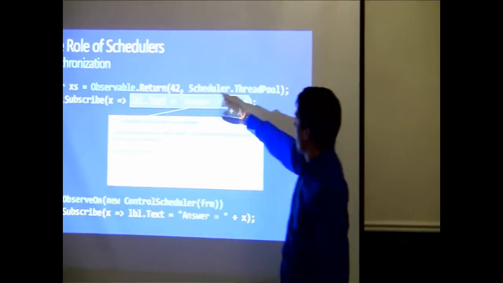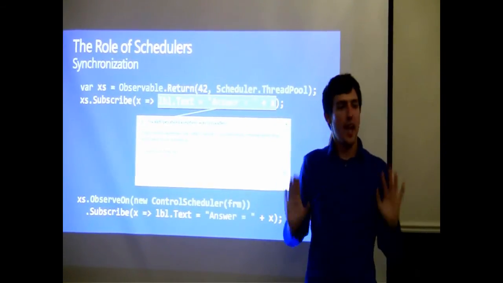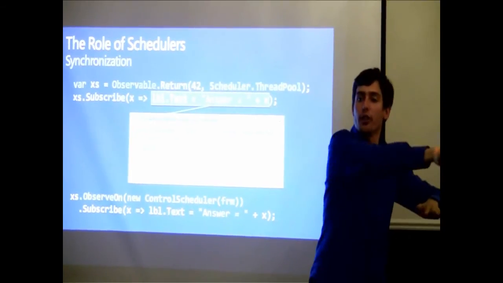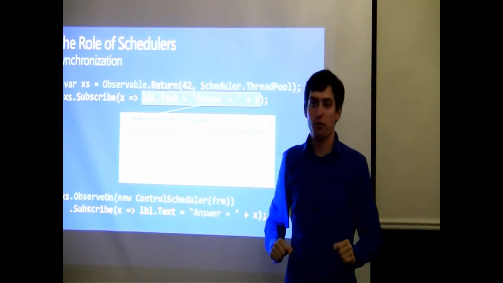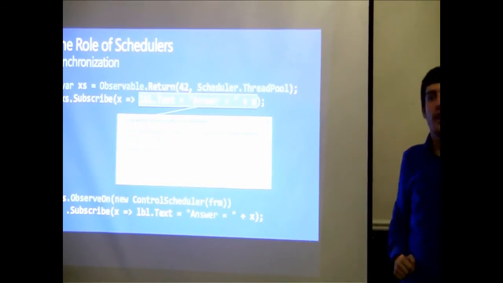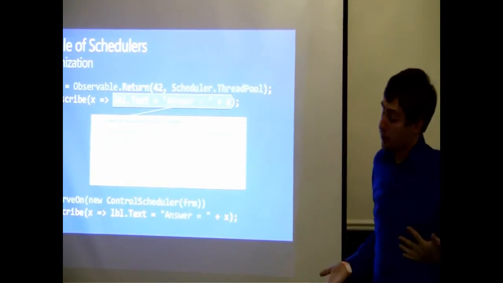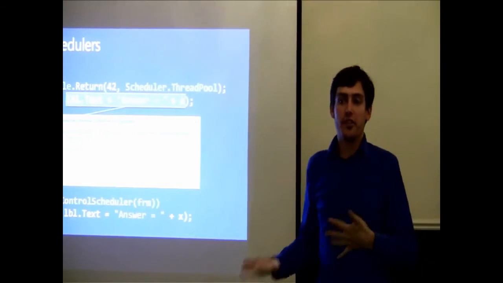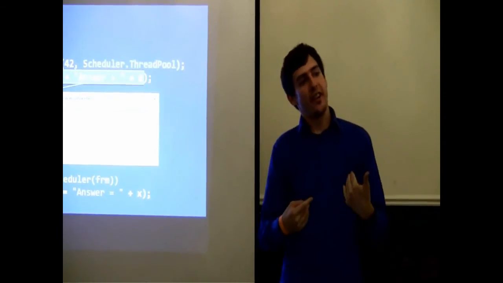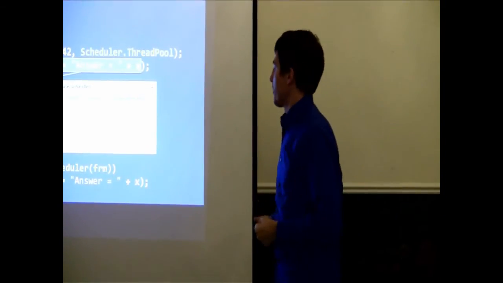So ObserveOn control scheduler form means those messages still happen on the thread pool, but when I receive them, I will call my downstream observers on the Windows Forms thread. I'm basically using the scheduler to jump to a different place, much like SynchronizationContext.Post, and in fact, we have a synchronization context scheduler, which takes a synchronization context and wraps it such that Rx can do a post operation to a different place.